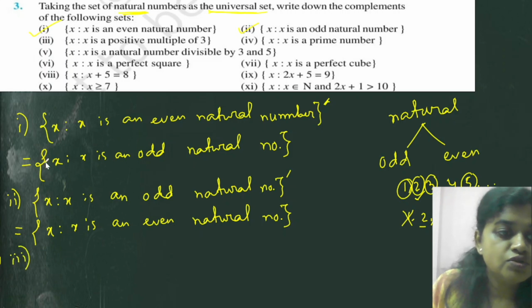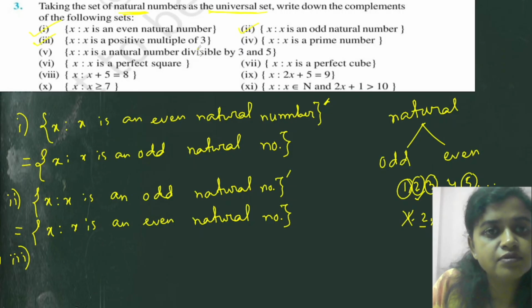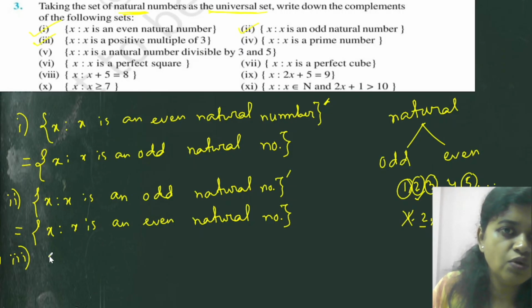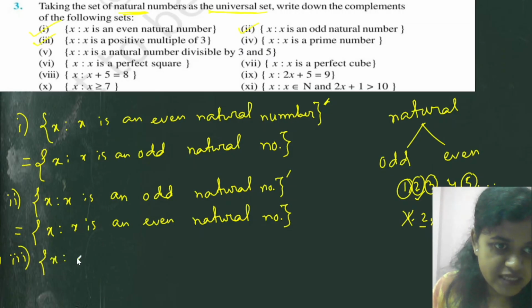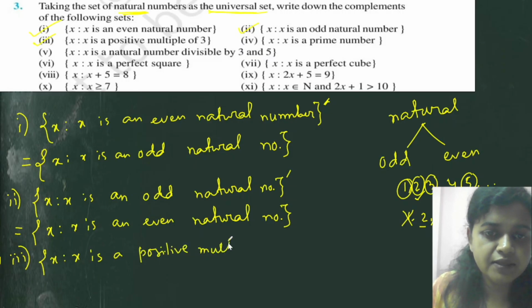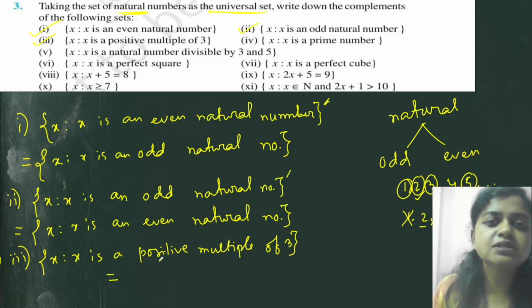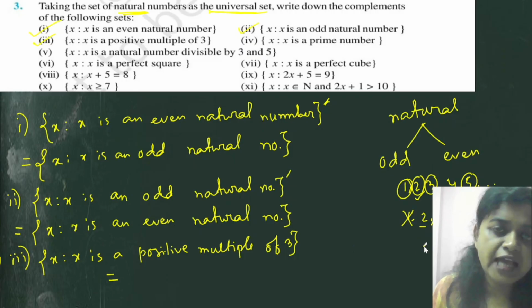Now question number 3. X is a positive multiple of 3. So the given set is x such that x is a positive multiple of 3. The multiples of 3 are 3 times 1 is 3, 3 times 2 is 6, 3 times 3 is 9, 12, like this.